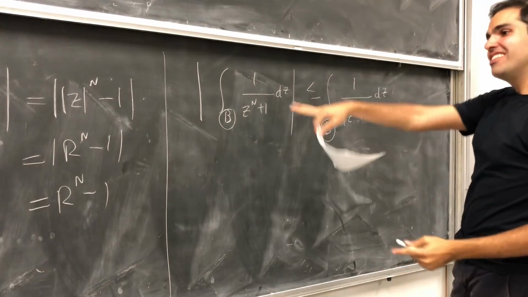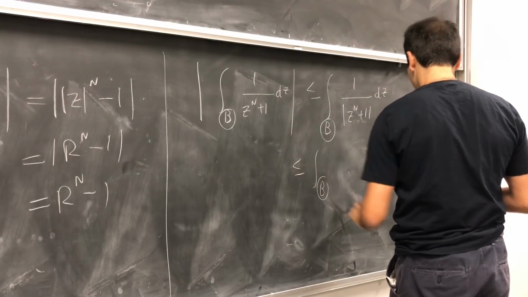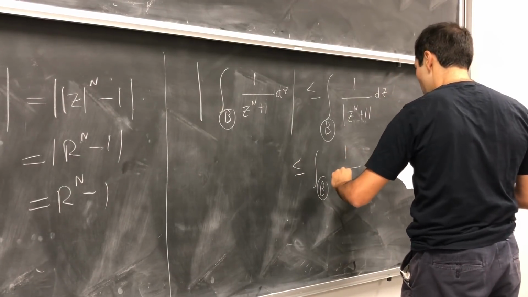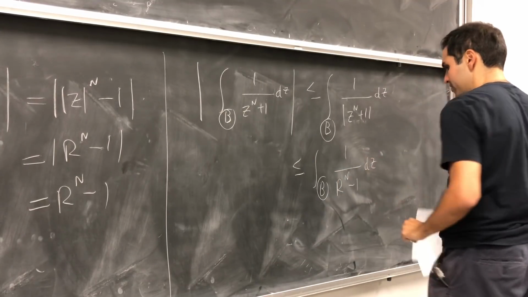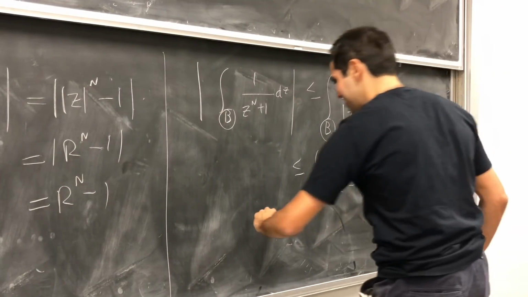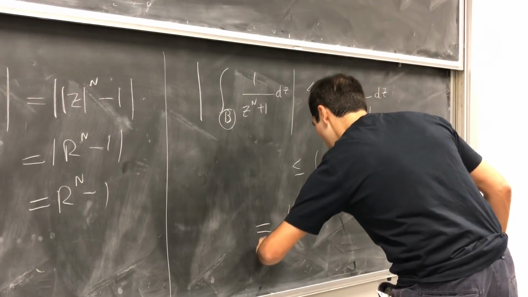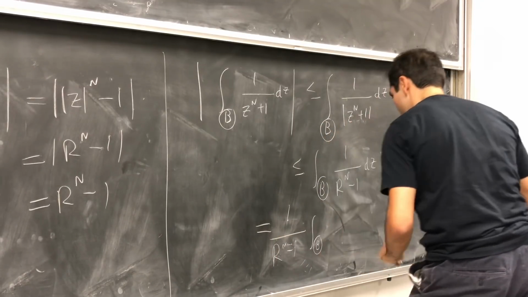But now, using the inequality we just found, we get the integral over B of 1 over r to the n minus 1 dz. But notice, this does not depend on z, so we get 1 over r to the n minus 1 times the integral over B of dz.